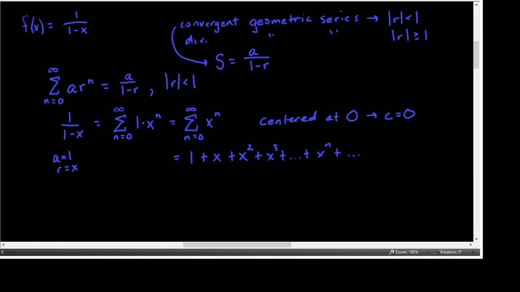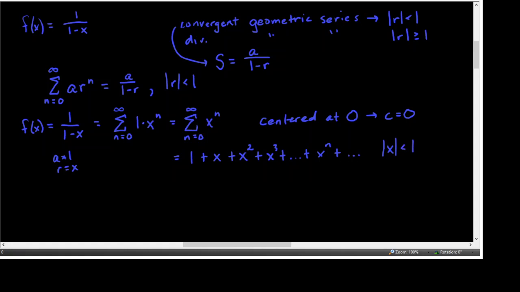And so the function f of x equals 1 over 1 minus x converges to the power series written to the right, the sigma notation version being sigma of x to the nth, and the expanded version being 1 plus x plus x squared, etc. As long as r, which in this problem is x, its absolute value is less than 1.